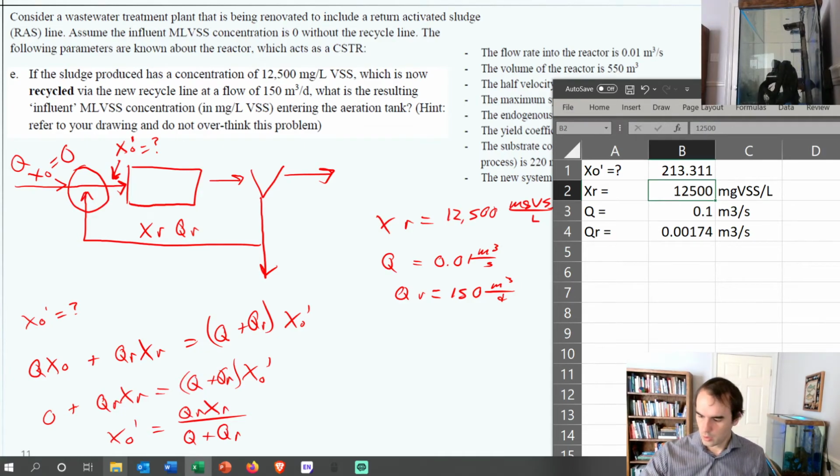And so, as we might expect, our answer is smaller than the recycle concentration. We have a large flow of water coming in with nothing. We're adding a highly concentrated but small flow rate stream here, and so the combination should be something that is definitely above zero, but also definitely below the recycle concentration.